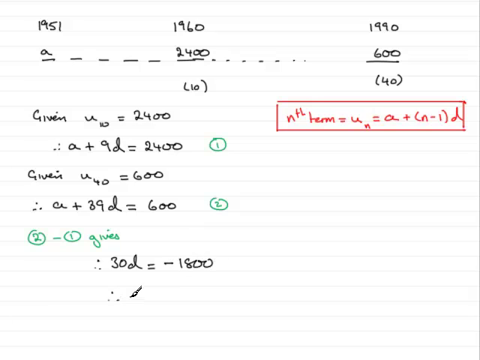So if I divide both sides by 30, 30 into minus 1,800 goes minus 60 times. So the common difference is minus 60. Each time we go to the next term and so on, we're going to decrease by 60 houses. So d is minus 60.